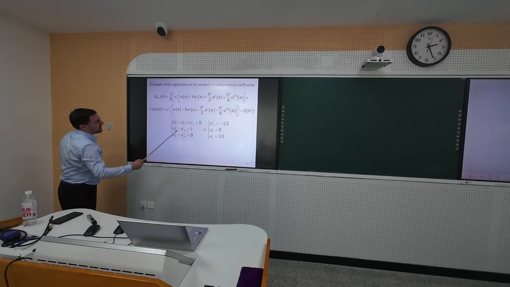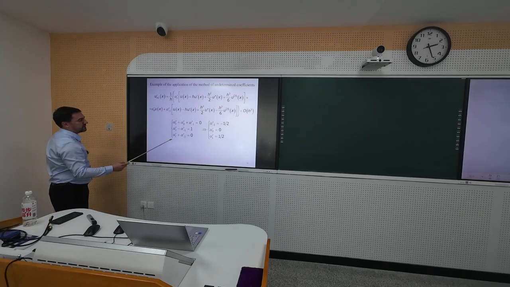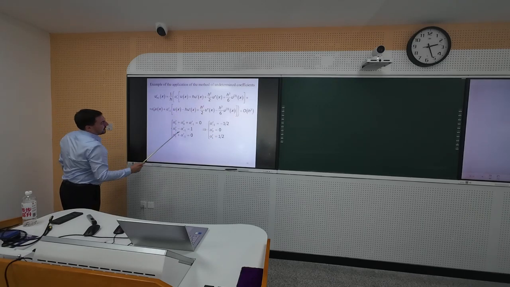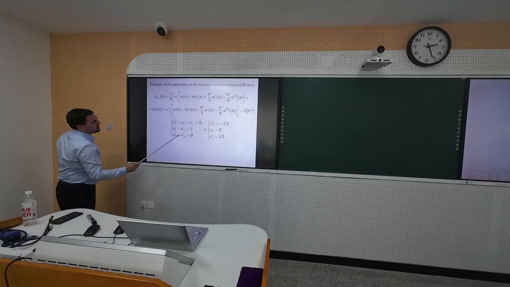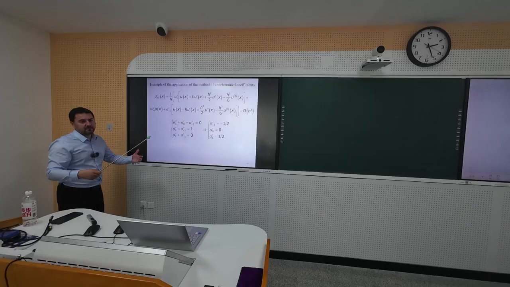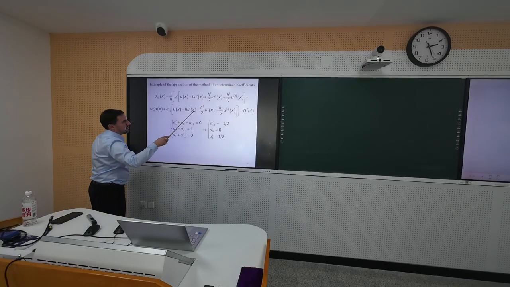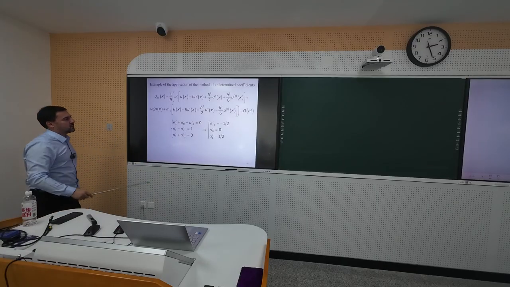Alpha 1 minus alpha minus 1 equals 1, because it's here and here. And we should have the approximation of our first derivative. And for the next term, alpha 1 plus alpha minus 1 should equal 0, because we want to build the most accurate formula. That is why we should not have this term proportional to h squared.